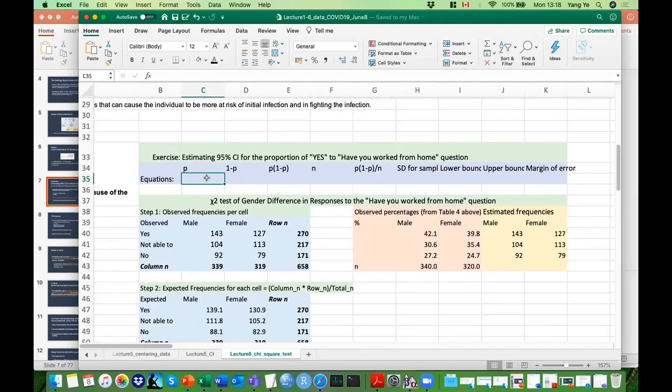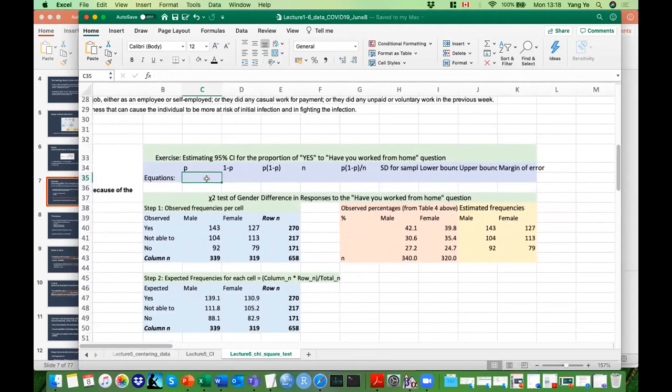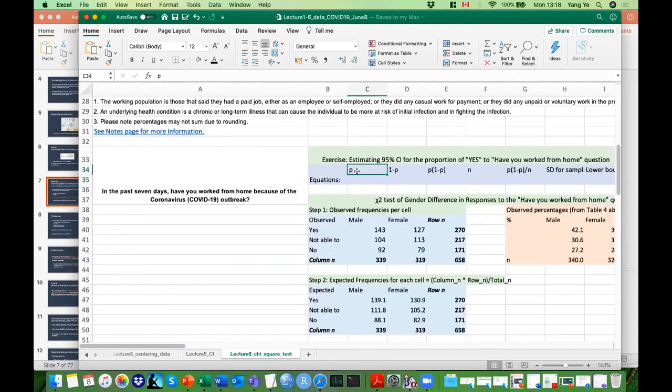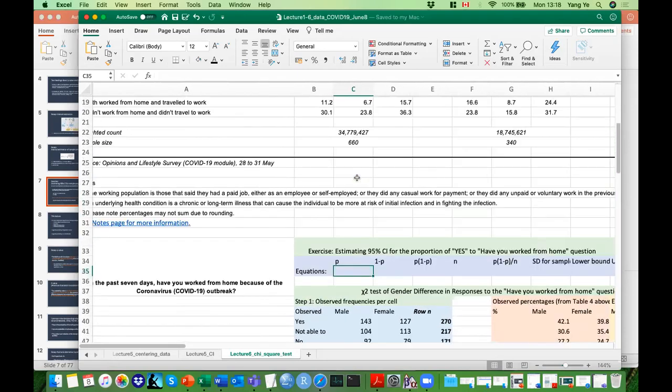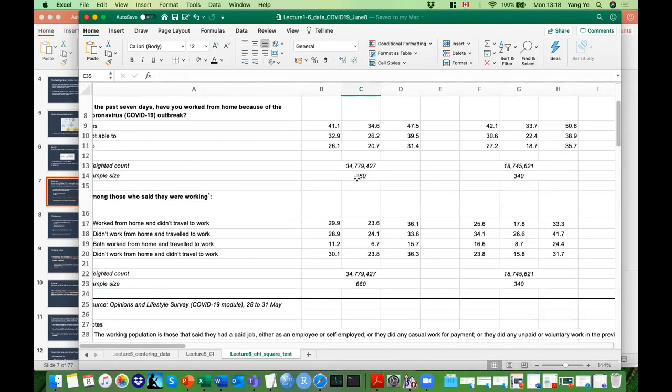We only needed two statistics to get this done. The first is the p hat, because I don't have the hat symbol here, but p hat is the probability of answering this yes to the question within the sample.